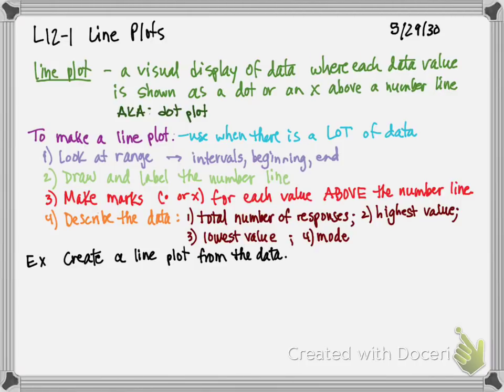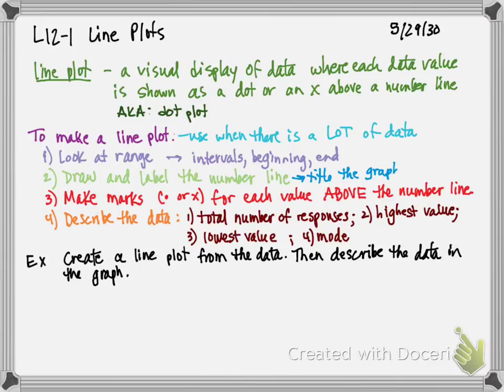And then describe the data in the graph. Now, the one thing I didn't mention, I'm going to write it over here at number 2. Title the graph. So that's going to go above your actual plots, okay?